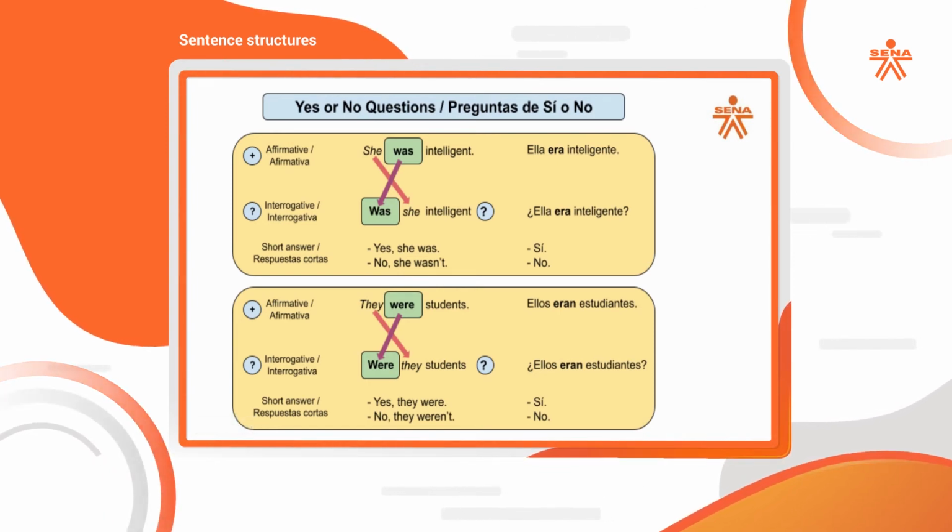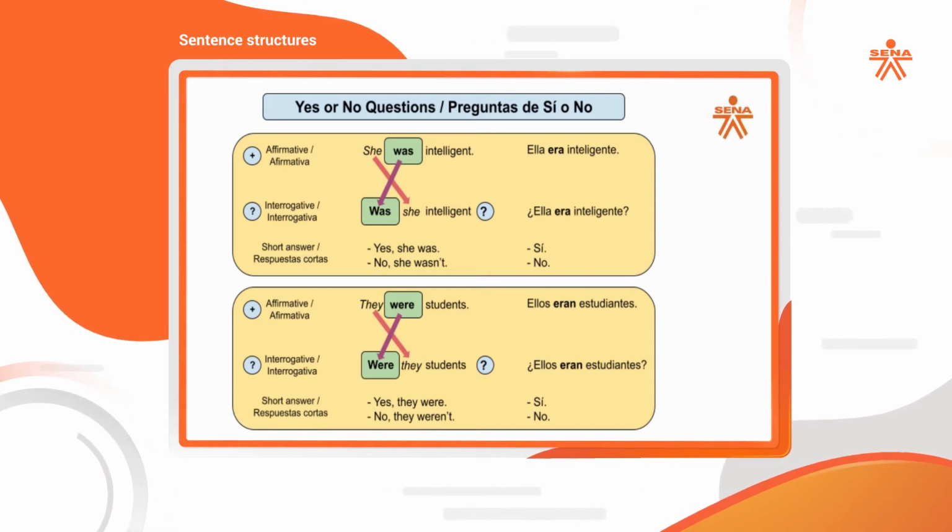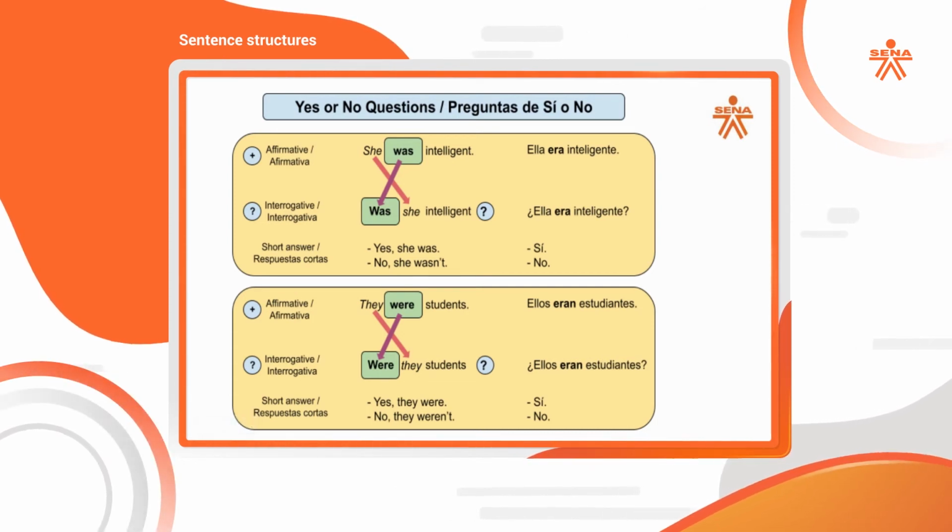Yes, they were, that in Spanish means sí, or no, they weren't, that in Spanish means no. This is the short answer, or you can give the long answer. Yes, they were students, or no, they weren't students. Or if you don't use the contractions, no, they were not students.